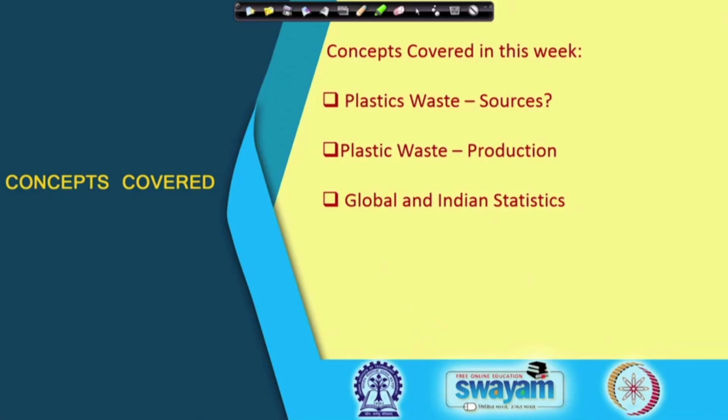And again, just a recap, this particular week, which is week 2, we have been looking at the sources of plastic waste, the production, and global and Indian data on plastic waste production.